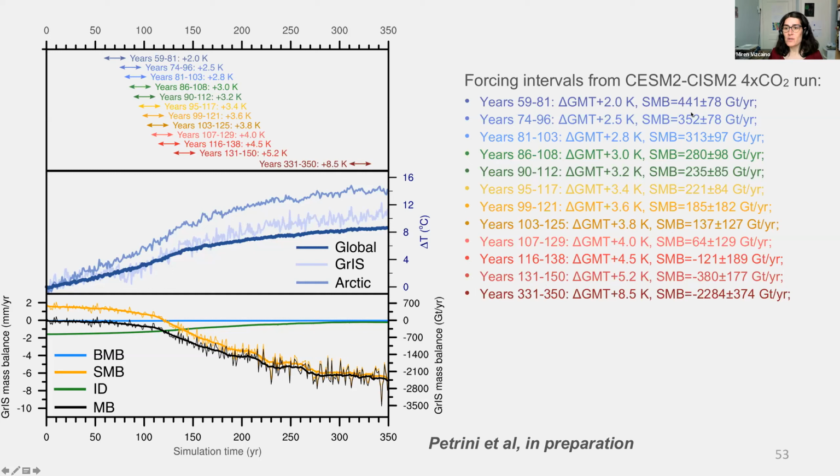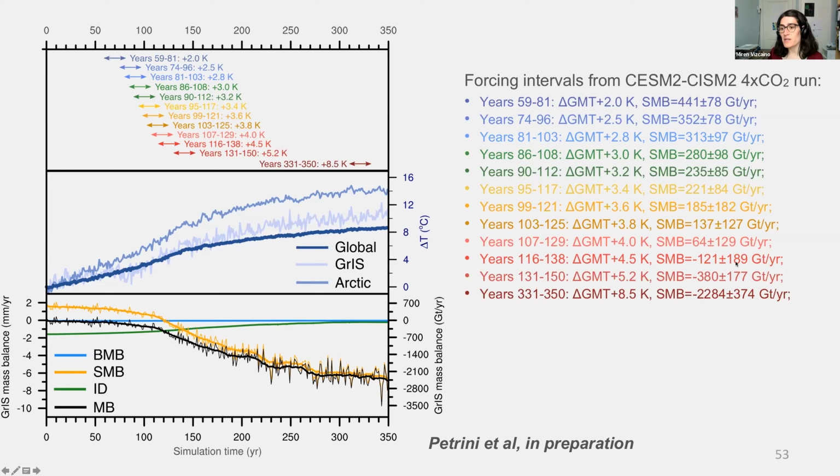So this is the SMB, the initial SMB that will be corrected with elevation changes as the ice sheet model is running. But this is the initial SMB that we have. So here it is very, very negative, and up to this second color red, the SMB that we are giving is positive.